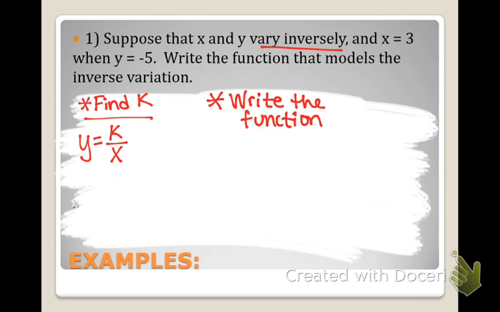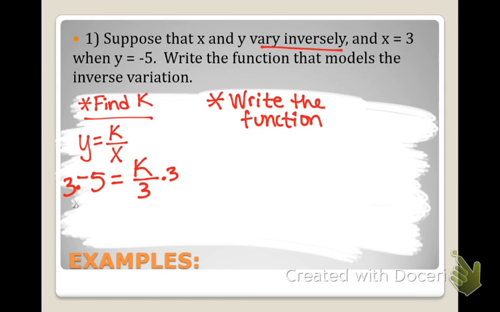So what did they give me for y? -5. So -5 equals, careful, k over 3, because the 3 has to go in for the x. Now, how am I going to get k alone? Multiply by 3 on both sides.